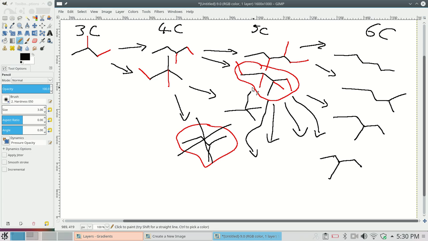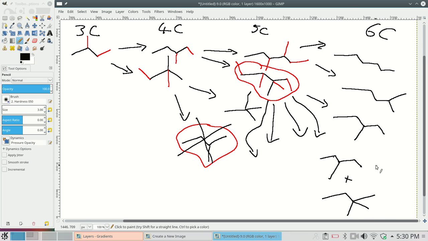That's number 1. The next structure that we can make is 1, 2, 3, 4, 5, is this structure.